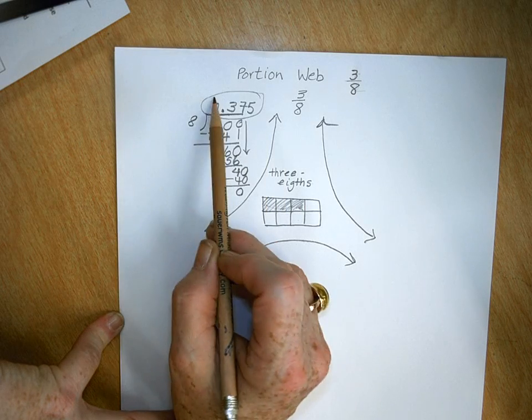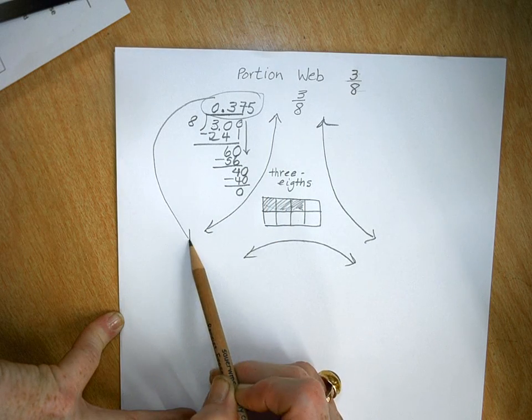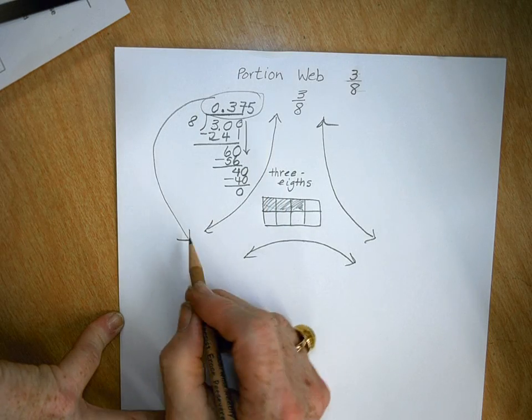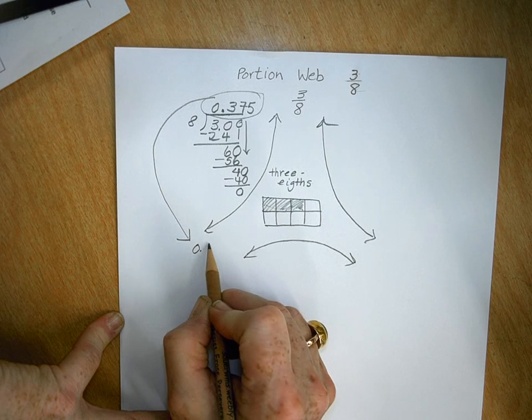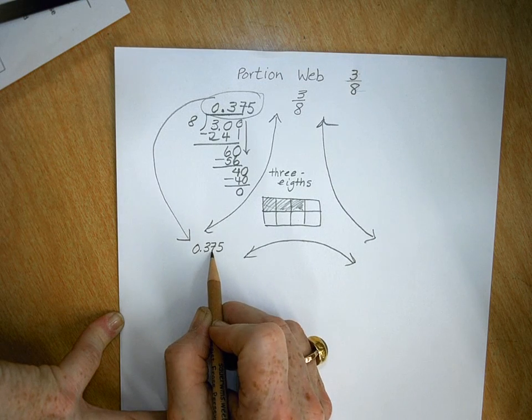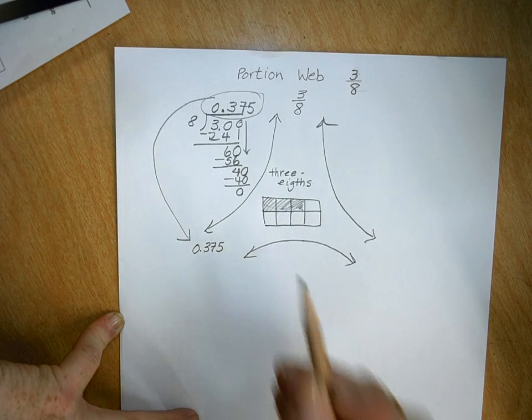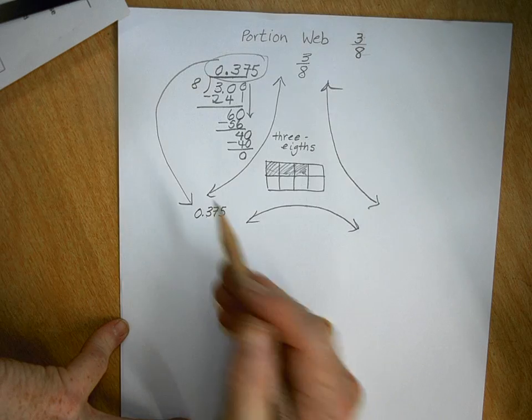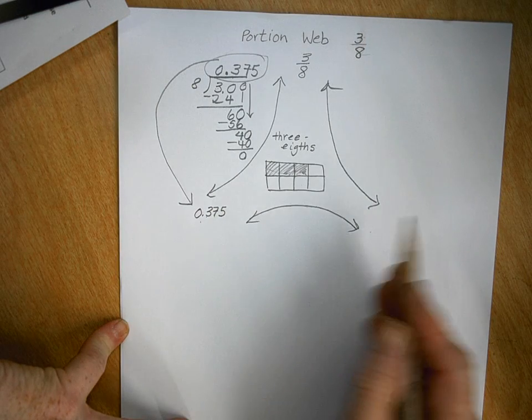I'm going to take this number and I'm going to put it down here. This is where I put my decimal number. So I have 0.375 or 375 thousandths. Now I want to change this to a percent.